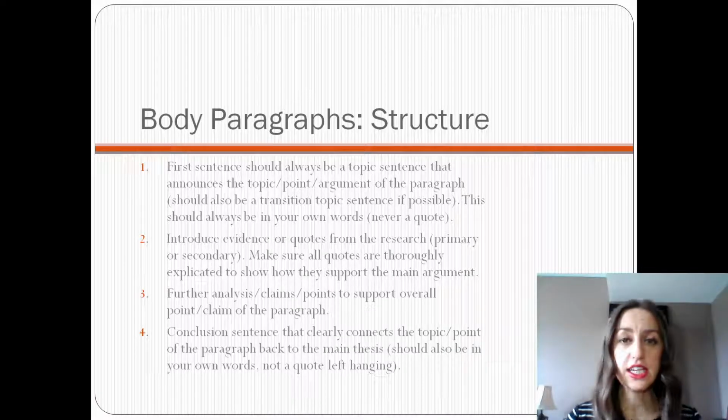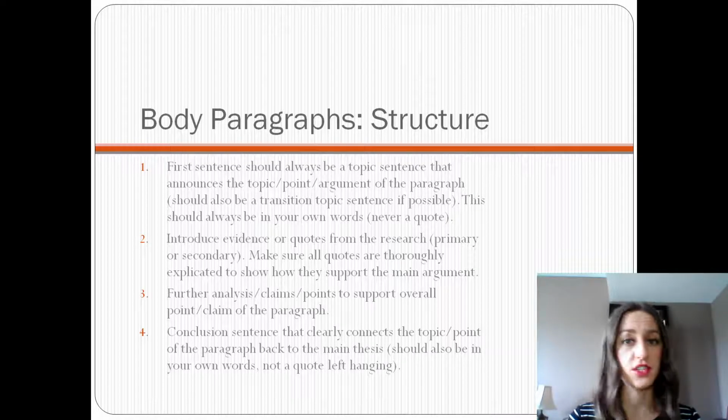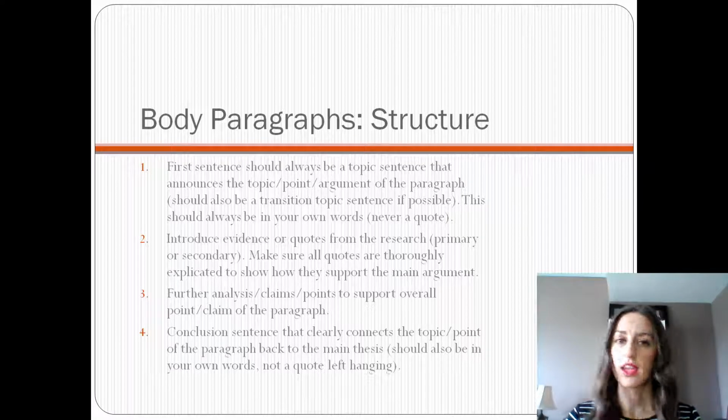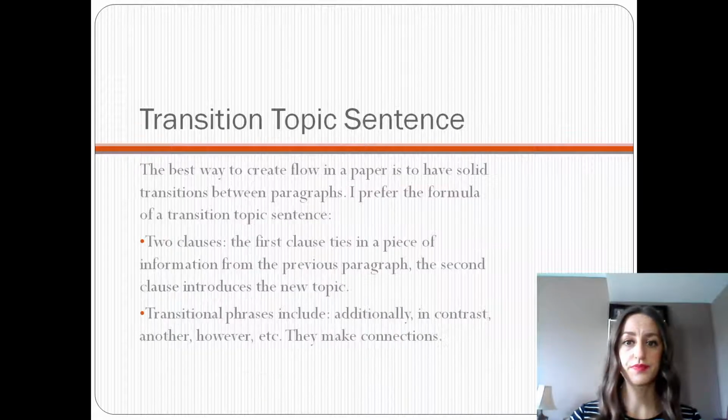Makes it very clear and explicit how this paragraph, how this point, how whatever it is you're talking about relates to your overall argument. Okay, that is a formula that I recommend for really strong body paragraphs.